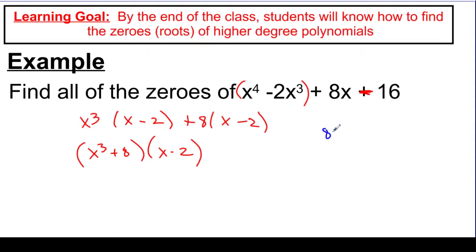This is x cubed plus 8, okay, is the sum of two cubes. This is x cubed plus 2 cubed, because 2 cubed equals 8, okay?